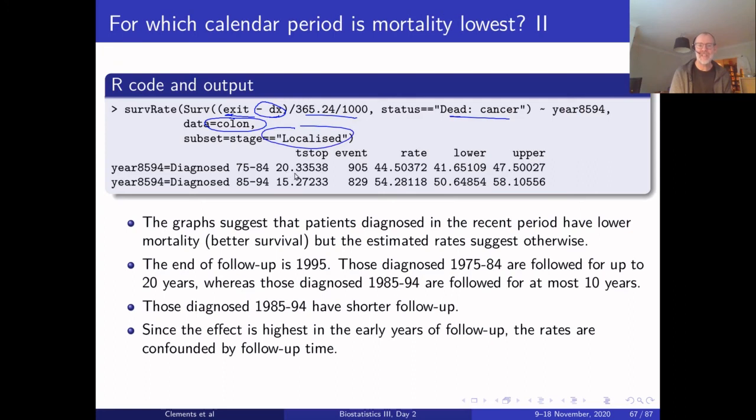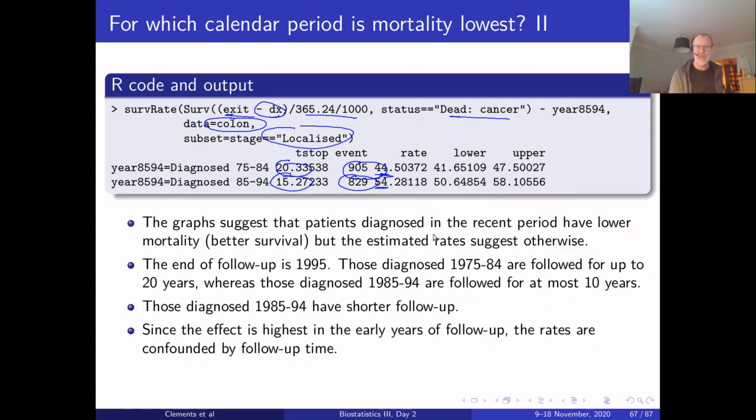Again this is assuming that the rate is constant, where we get 905 events for those diagnosed in the earlier calendar period, and 829 events for the later. We have more person time follow-up in the earlier compared with the later. The rates are 44 here and 54 here.